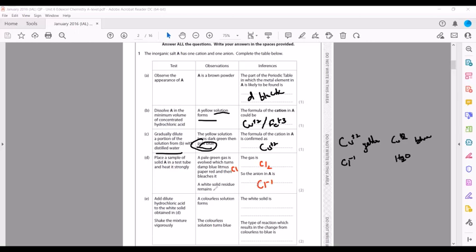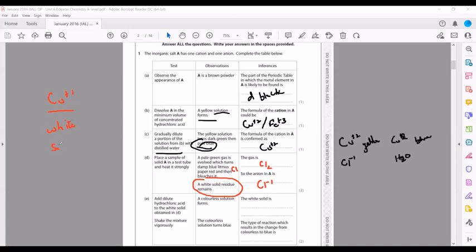Then we add hydrochloric acid to the white solid, the solid which is left here. We add hydrochloric acid, and a colorless solution forms. The white solid could be a copper 1 compound, because copper 1 ion solutions are colorless. The reason is that it has a complete D shell, so it does not form a colored compound.